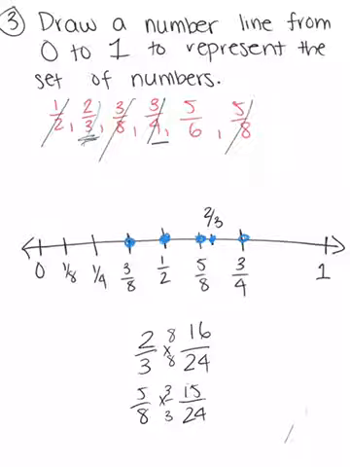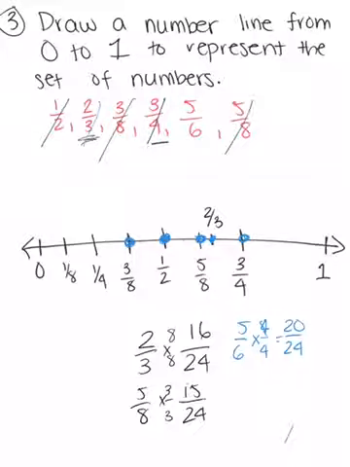Oops, sorry, I'm trying to find my eraser here. So now we have 5/6. And I'm going to set this equal to 24. And I know 6 times 4 is going to get me to 24. So then 5 times 4 is going to get me to 20.